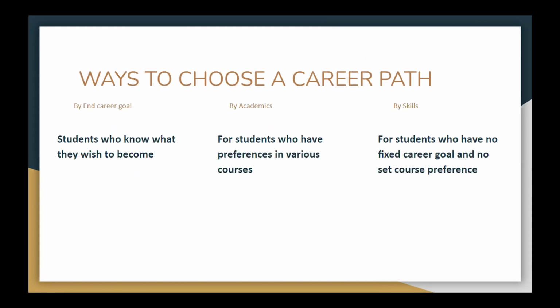So if a student knows a career goal they want to achieve, for instance, if a student wants to become an engineer, a doctor, or any kind of career after the university degree, they can easily follow the steps that we are going to show, like the high school requirements, then the university program which the student will have to pursue in order to achieve the career.